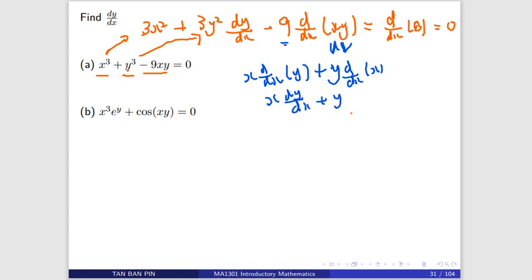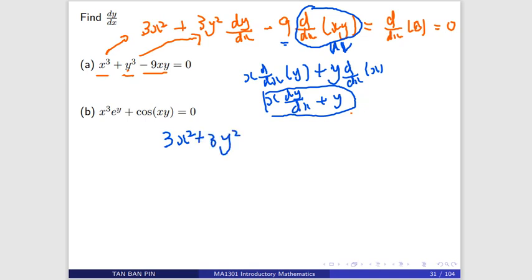So this part should be replaced by this answer. So it should give you 3x squared plus 3y squared dy/dx minus 9, and then x dy/dx plus y, equal to 0.